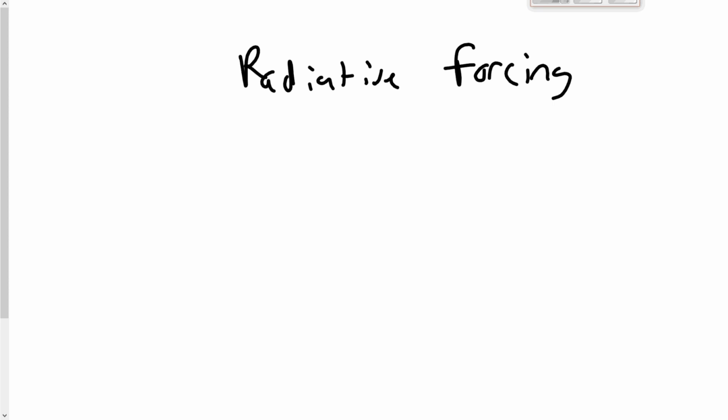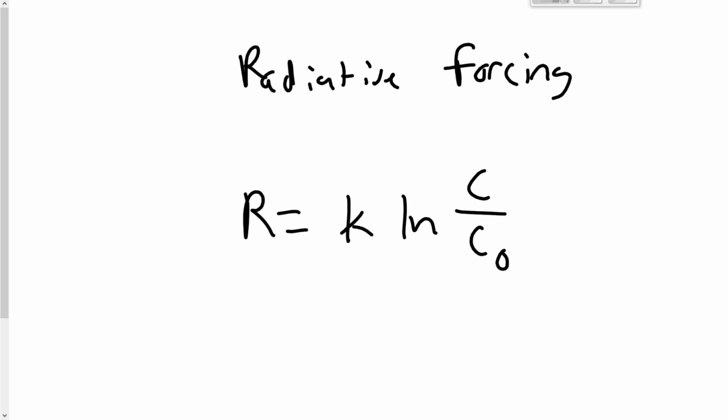And we have this formula that finds this radiative forcing as R. And the formula is equal to K times ln of C over C sub 0. Now, C sub 0 is the pre-industrial amount of carbon dioxide, and C is the current carbon dioxide level, and then K is our constant.